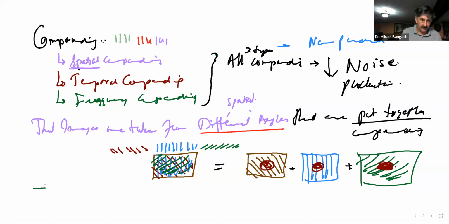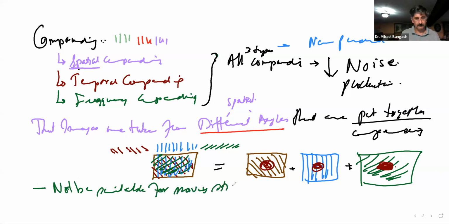The main disadvantage of spatial compounding is that it may not be suitable for moving structures.